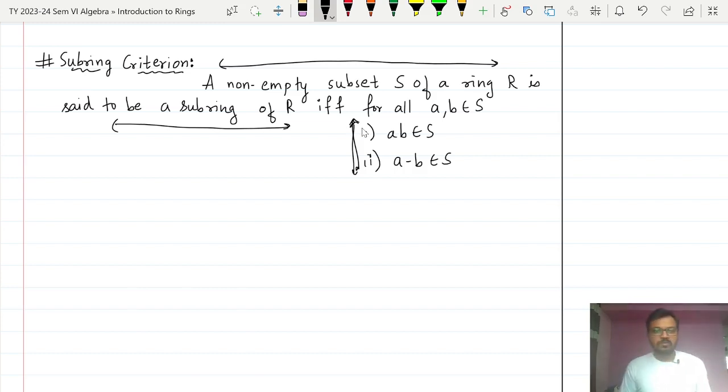Now what about the converse? In the converse, assuming S is a non-empty subset of R, together with just these two properties, we will be able to prove that S is a subring of R. S is a subring of R means what? What is the actual definition of subring? S is itself a ring. So assuming S is a non-empty subset of R and these two properties, we will be able to prove that S is a ring.